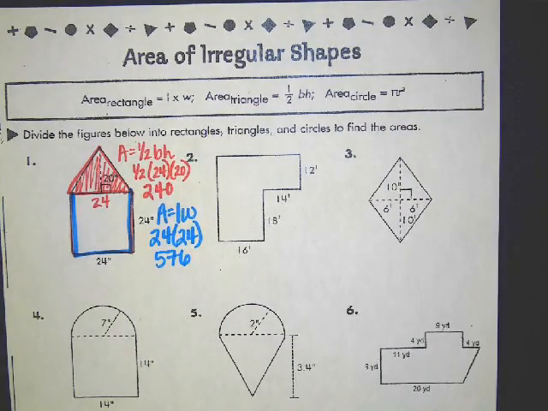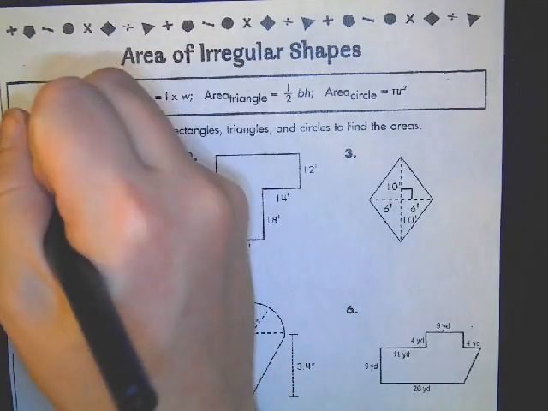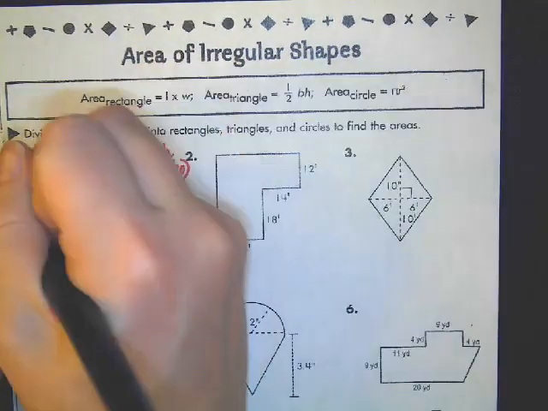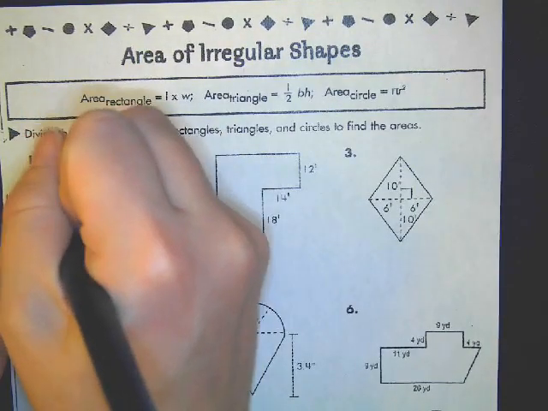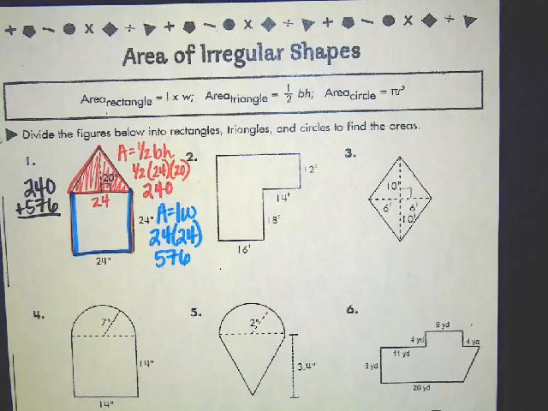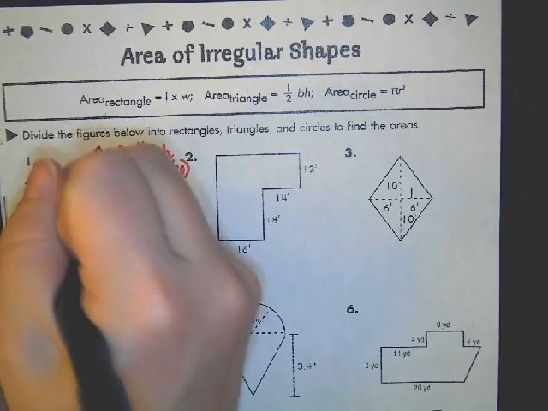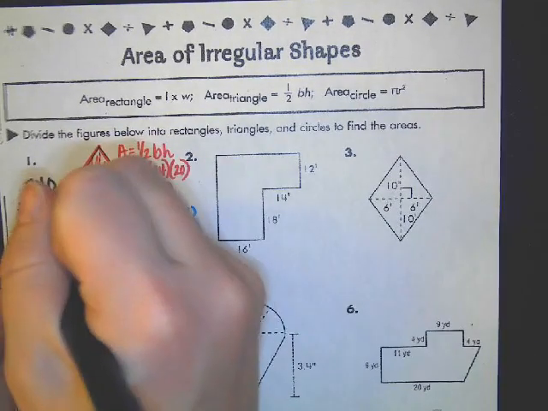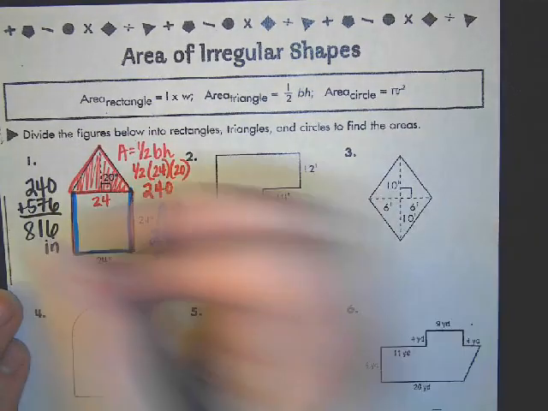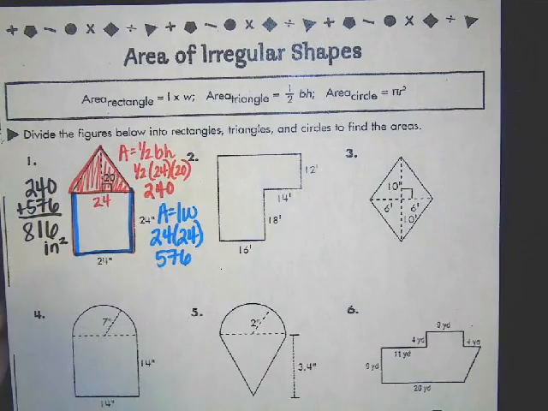Now we want to combine these two numbers by adding 240 plus 576. When I add these, I get 816 inches. Now, it is area, so I want to make sure I square that answer. Make sure you pause and rewatch if you have any questions.